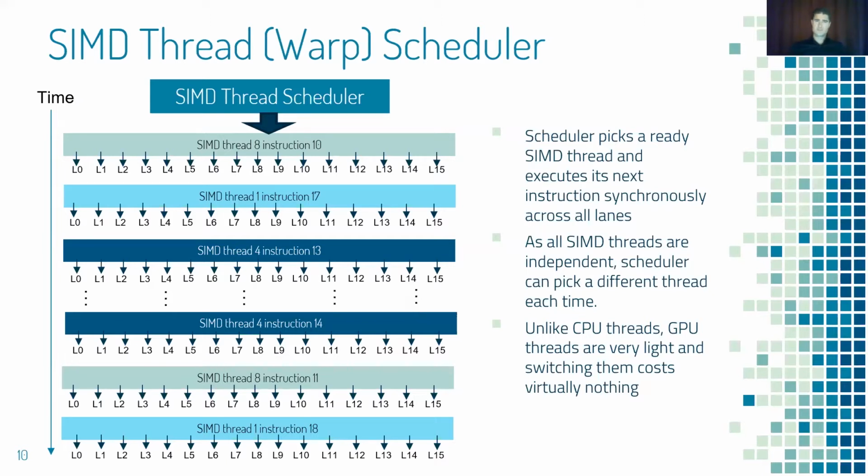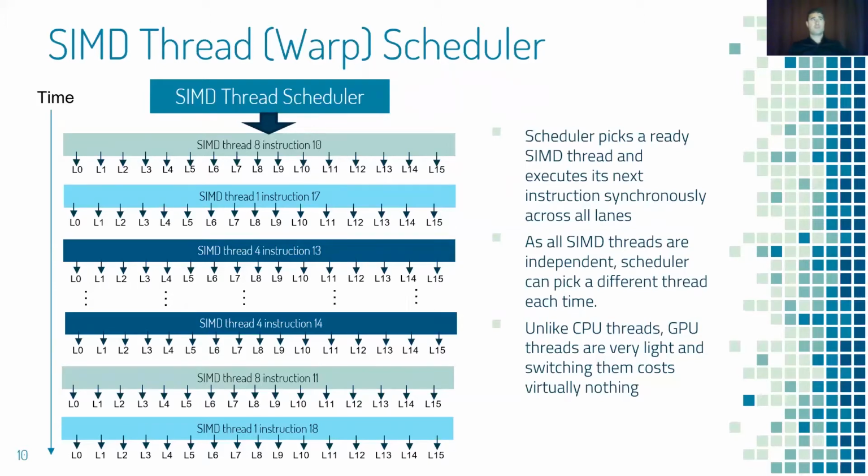An important thing to note is that SIMD threads or warps are independent of each other, and the thread scheduler can basically pick any warp that it wants. Let's say that one warp gets stuck because its arguments are not ready and need to be read from memory. The scheduler can just pick another one, and so the GPU will be kept busy all the time. Another thing to remember is that CPU threads are very heavy.